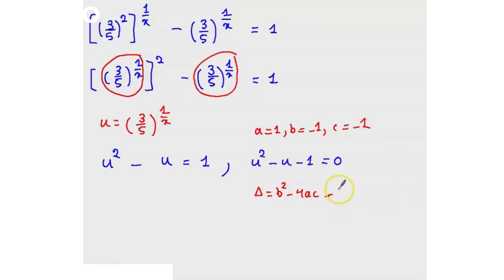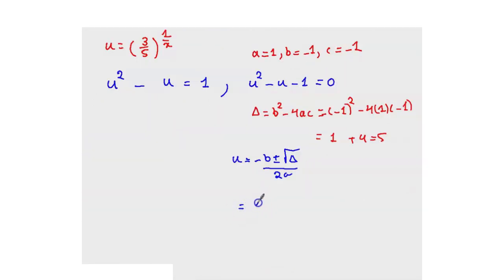So we will get minus 1 square minus 4 times 1 times minus 1, equal to 1 plus 4, 5. So now u equal to minus b plus or minus radical delta over 2a, equal to 1 plus or minus radical 5 over 2.